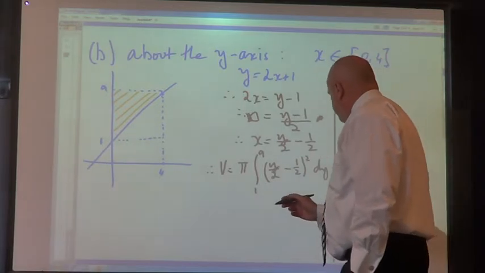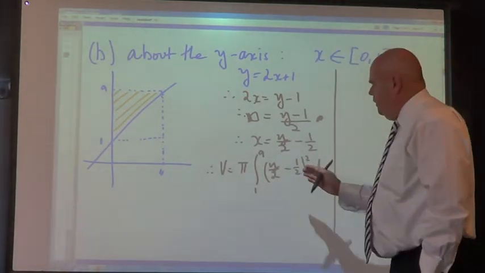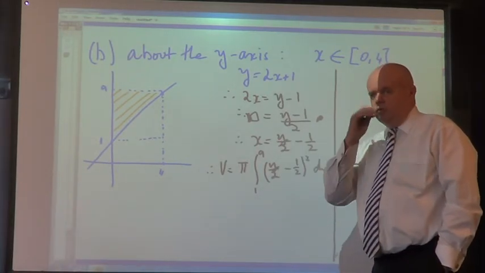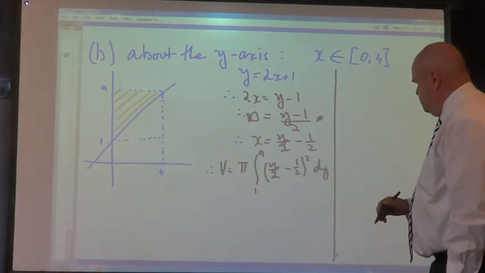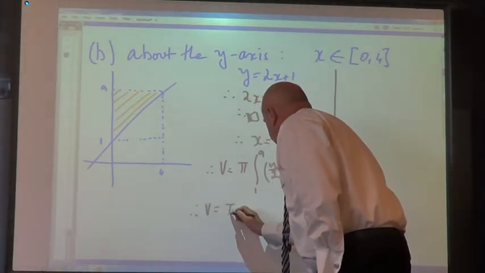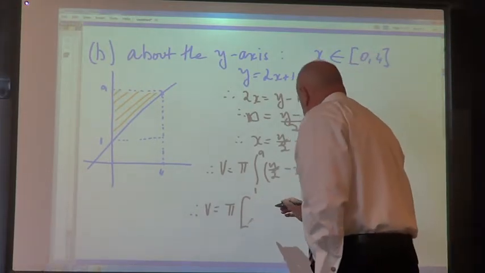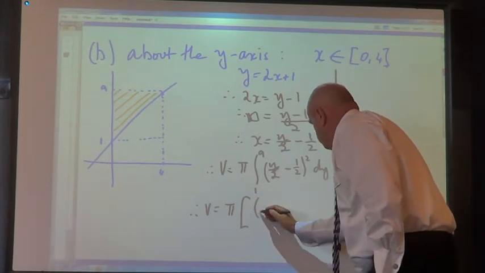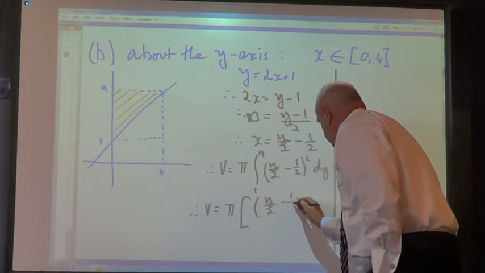Here we could really use the chain rule to great effect. I didn't use it the last time because I said that's not the usual procedure, but it might be a bit easier here, so let's see how it goes. So the volume is equal to pi, and we put this in brackets, y on 2 minus a half.